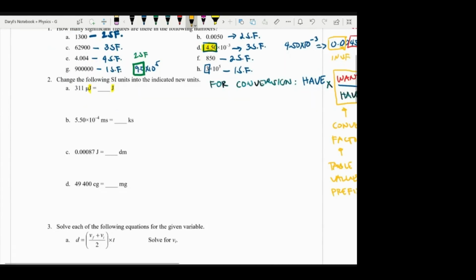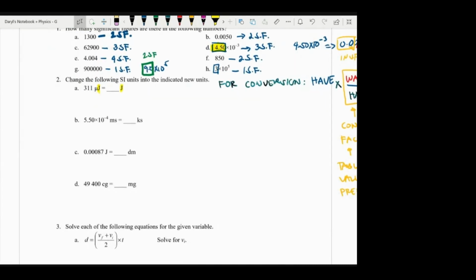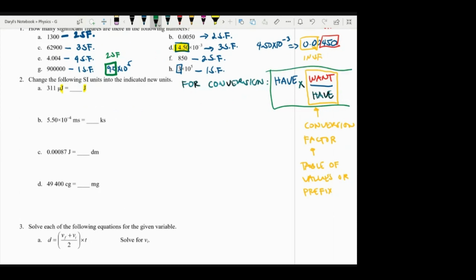So let's say 311 microjoule. How many would that be in joules? Well, if I'm gonna follow this diagram here, I'm gonna start with what I have. So I'm gonna write that down, 311 microjoule, and then I'm gonna multiply that by my conversion factor. I'm gonna check first if I have a conversion factor that will directly give me joule.